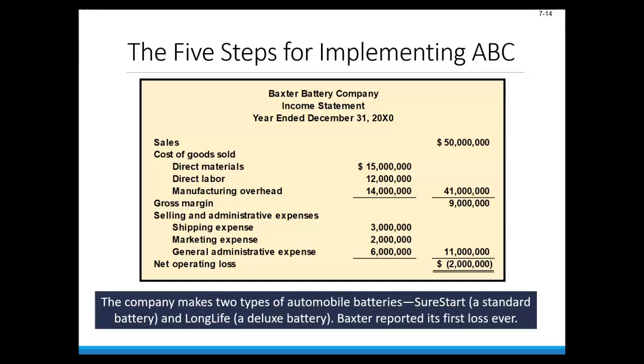So all the accounting people that are there, all the maintenance people that are there, the depreciation on the equipment, depreciation on the building, the general manager's salary, the assistant to the general manager, all those kinds of things are included in that manufacturing overhead.